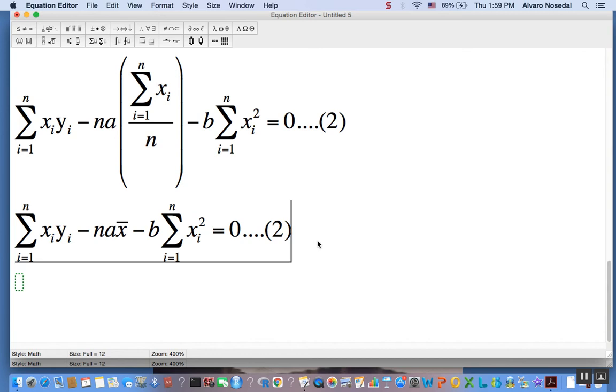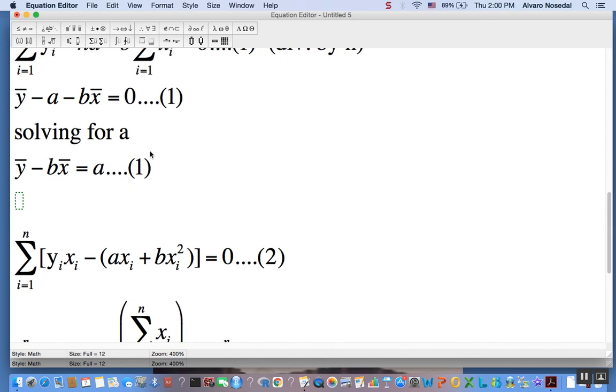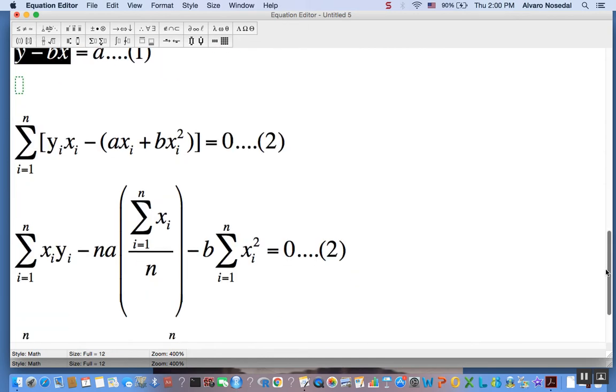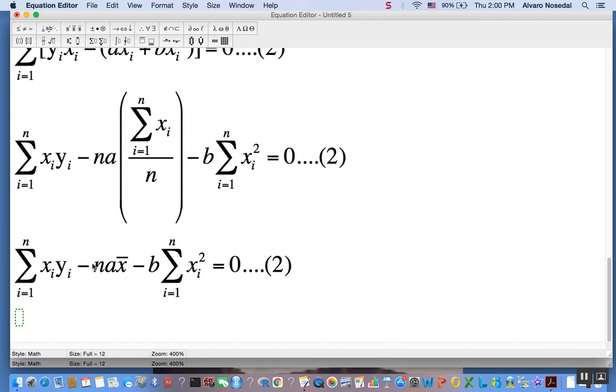Now, remember that from our new equation 1, we had this. So instead of an a, let's plug in. So now the second equation will be given in terms of b only, and then we should be able to do something about it.